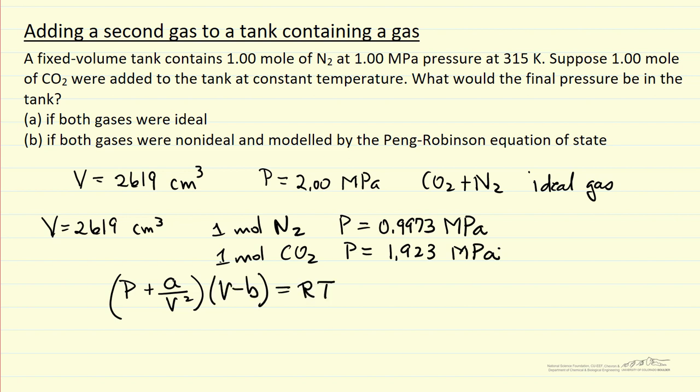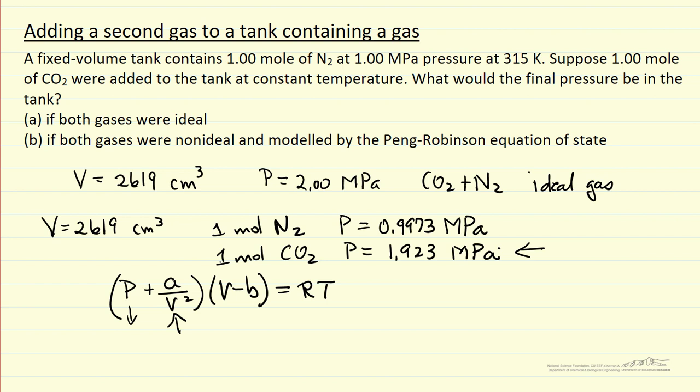Well, as the volume per mole becomes smaller, and it's become smaller because we have 2 moles in the same volume, right? So the volume per mole is smaller. And this term is larger, and to satisfy the same equation, the pressure is lower, and that's what we see. Attractive interactions cause the pressure to be lower.